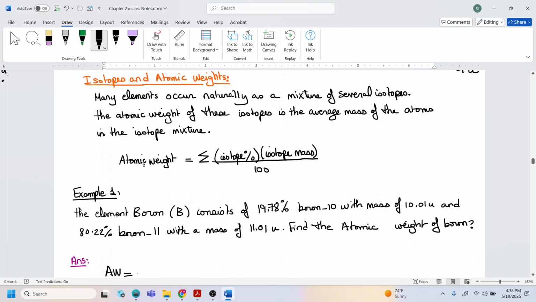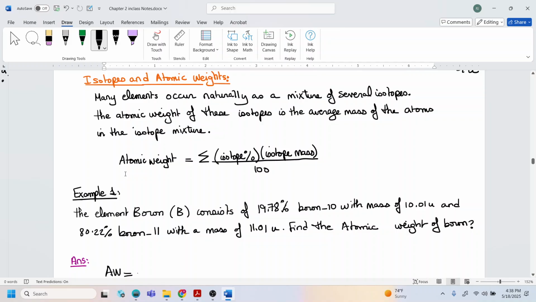The formula to calculate the atomic weight of the isotopes is equal to the sum of the product of the percent isotope multiplied by the isotope mass, divided by 100. Those normally are given. So you go ahead and multiply them, you add as many isotopes as you have in the question, and then you get the atomic weight.